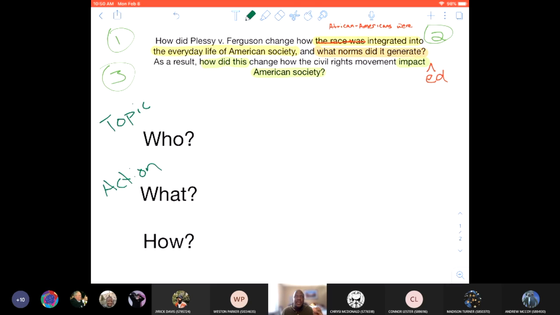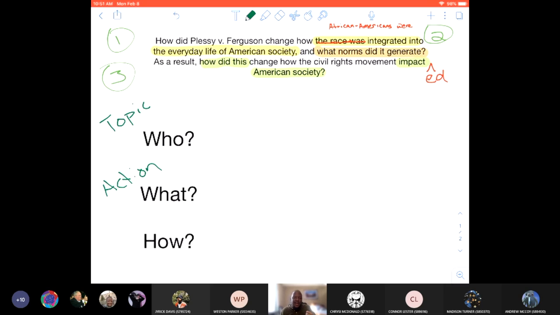So if you're going to say Black activists and you're talking about Booker T. Washington, W.E.B. Du Bois, and others who started the NAACP, so on and so forth, then you should probably also include when. So instead of saying Booker T. Washington and W.E.B. Du Bois did this thing, you're saying Black activists at the turn of the 20th century, that's your when, did this thing, right? Just know that that can still be there.